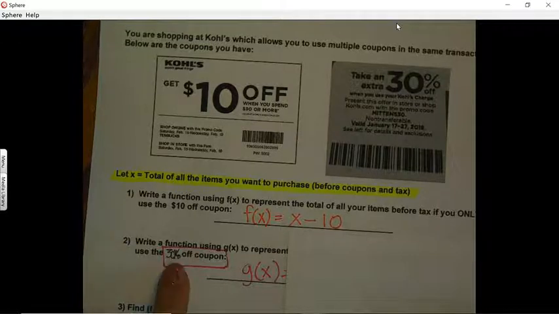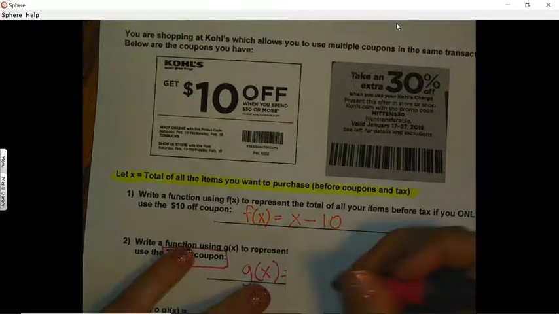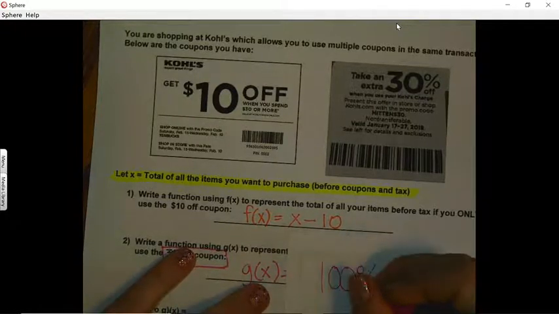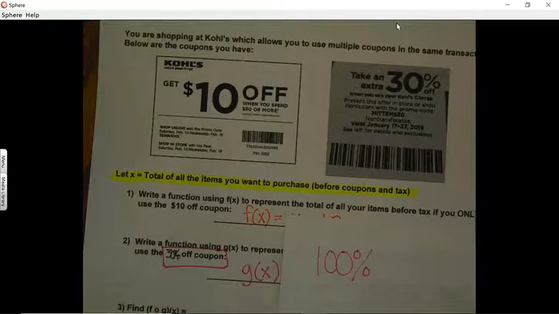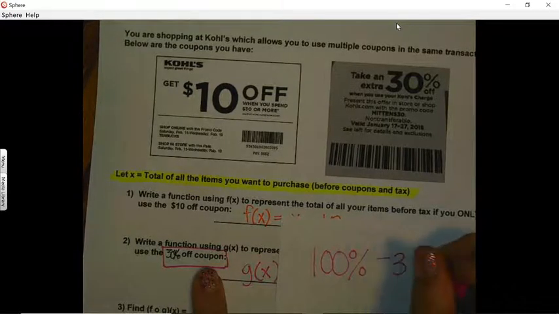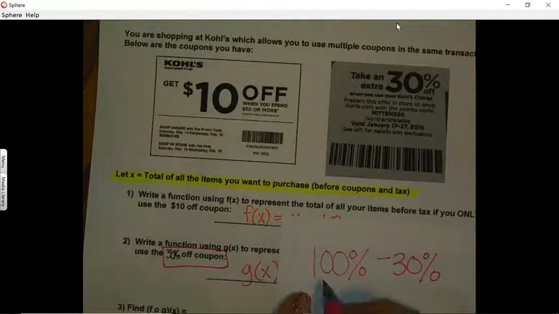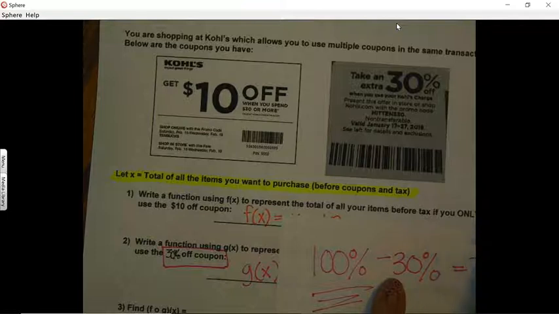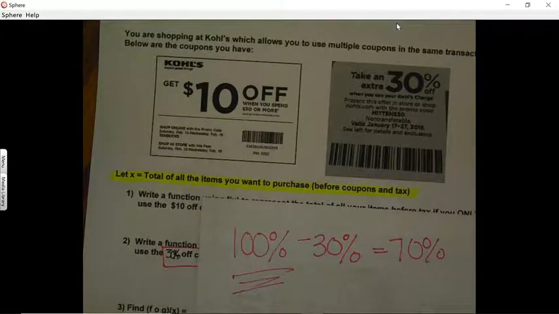Because it says to take 30% off, we have to understand that 100% represents the whole cost of something. So if you're going to take 30% off, you're not going to pay for the whole item. You're going to only pay for 70% of the item.